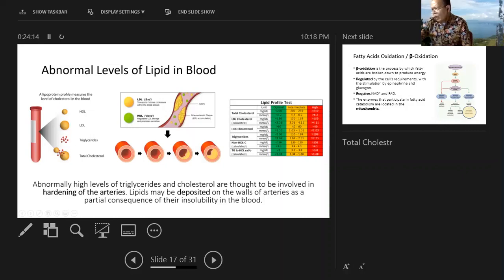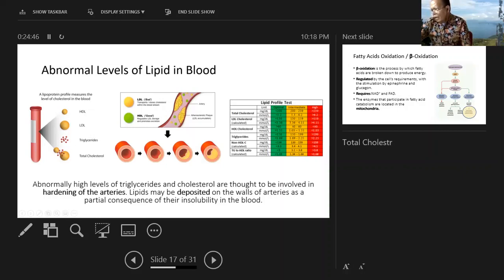So total cholesterol for optimal is about 200 or less than 200, and for high is more than 239. Then this LDL cholesterol, which is calculated, is less than 130, and for high is more than 159.